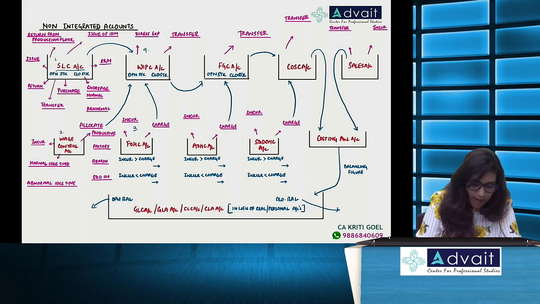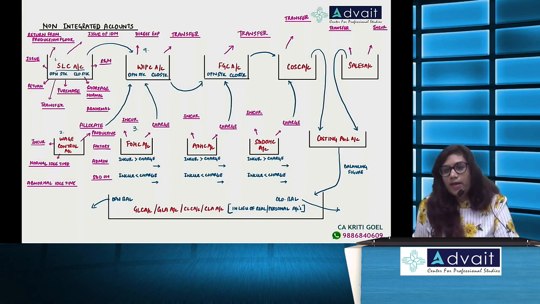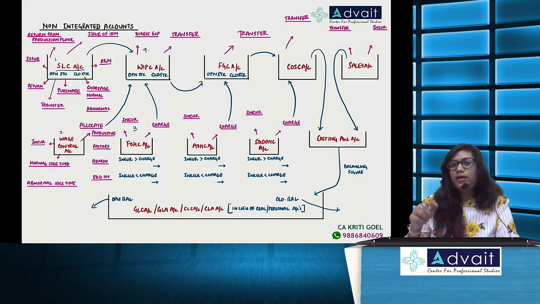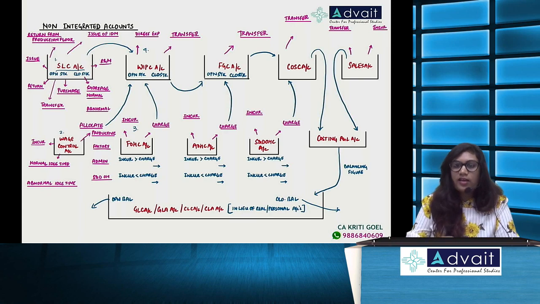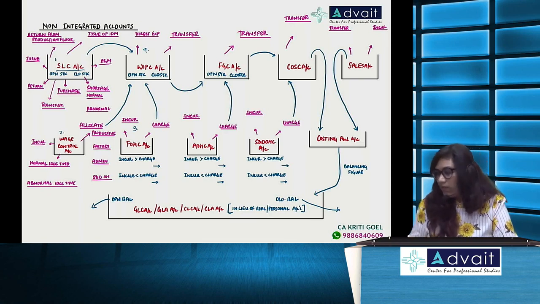Then I have my WIP control account. So the second real account is my WIP control account because this will have an opening and closing balance, and this opening and closing balance will denote the opening and closing balance of WIP. So everything related to production when it's happening will happen in this particular account.